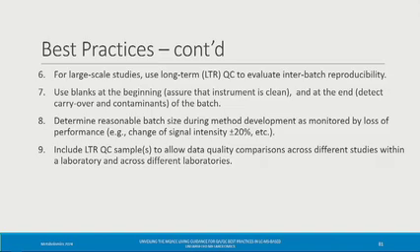So for system suitability sample, it can be either a mixture of standards of a known composition or a mixture of standards spiked in your biological sample, and it's run at the very beginning to test whether your system is ready to start the batch. And usually as part of system suitability testing, blanks are run.